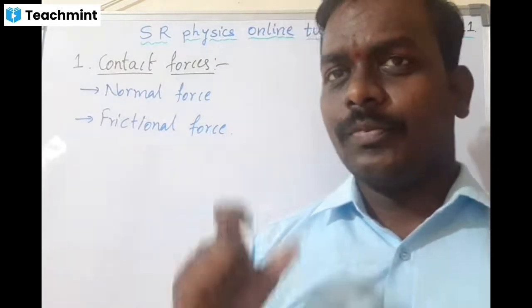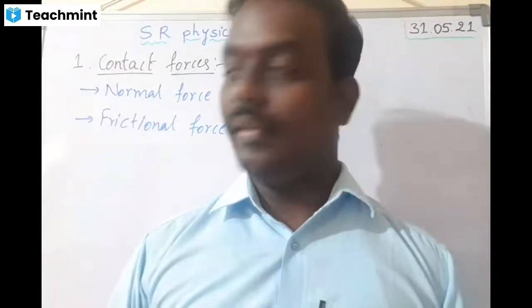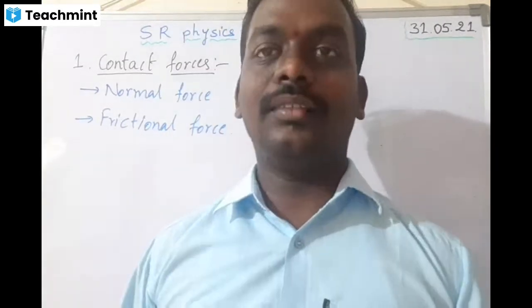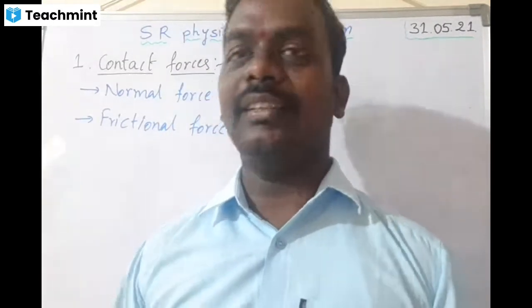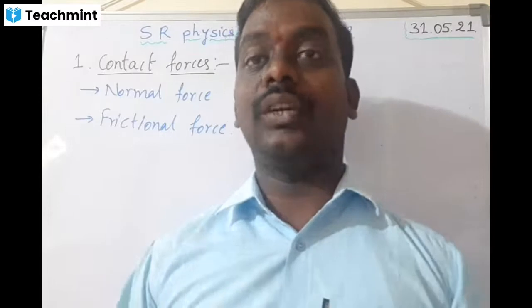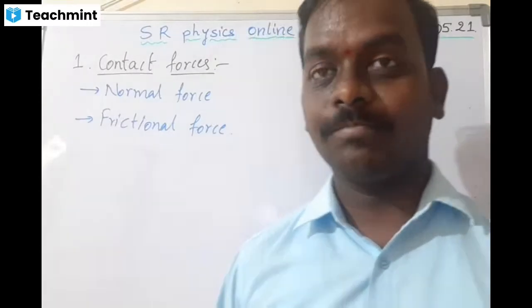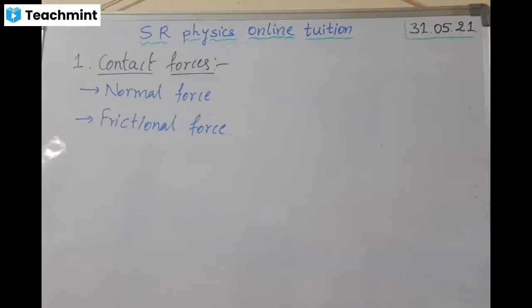Now I have a question. If I throw an object on a surface, or place something on an inclined surface, what will happen after a certain time? Why is it stopping moving?